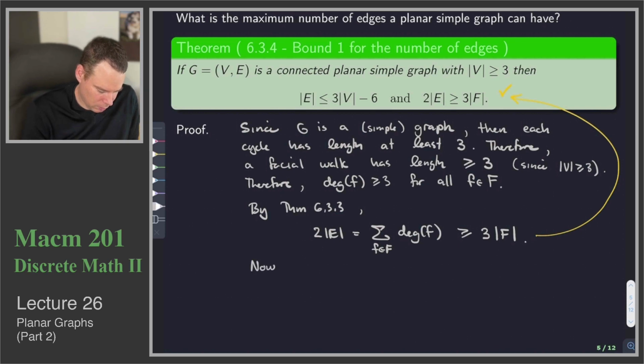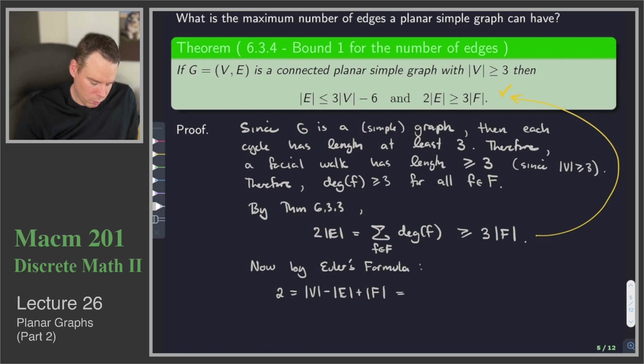Now, by Euler's formula, we have that 2 is equal to the size of the vertex set minus the size of the edge set plus the size of the face set. And we can now write this as V minus E. And then what is F?